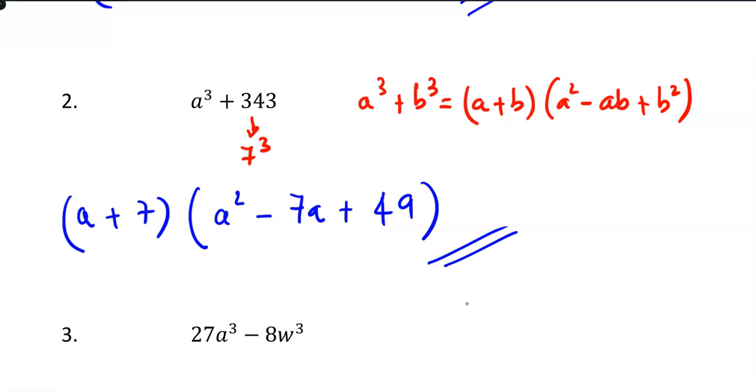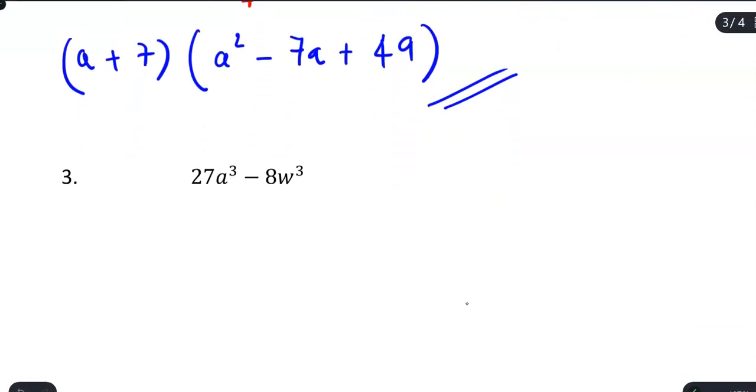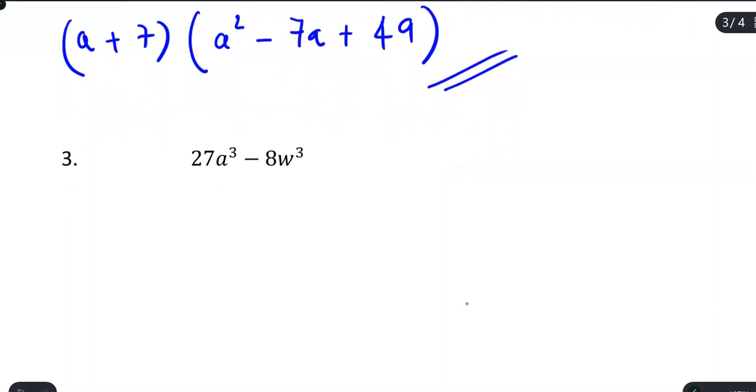Alright, okay. Now 27a cubed minus 8w cubed. This one I can turn into a 3 cubed, and this one I can turn into a 2 cubed.